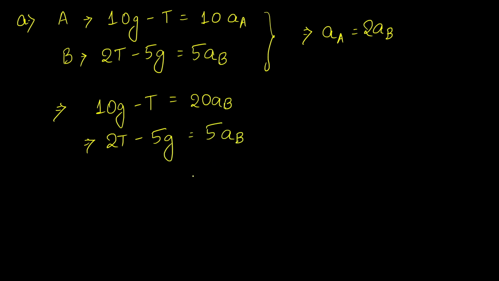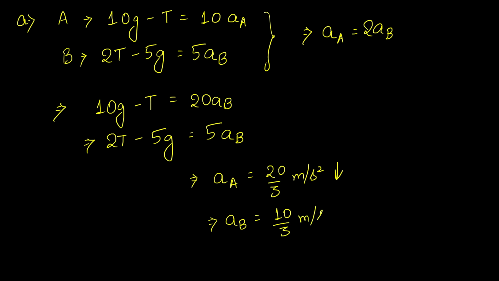Upon solving these equations, you will get acceleration of A is equal to 20 upon 3 meters per second square in the downward direction, and acceleration of B is equal to 10 upon 3 meters per second square in the upward direction, and that will be the answer for case A.